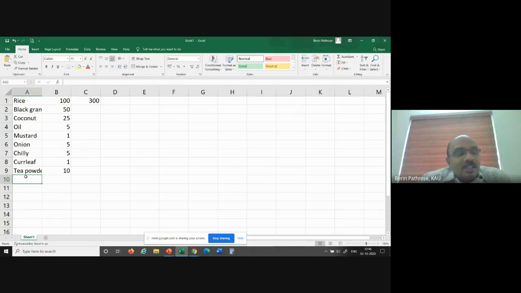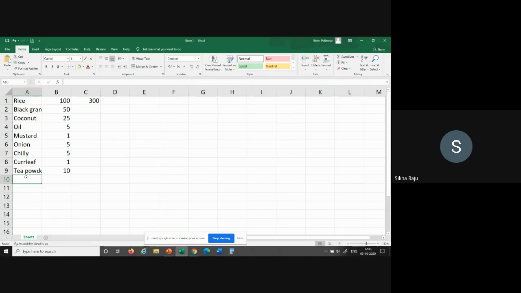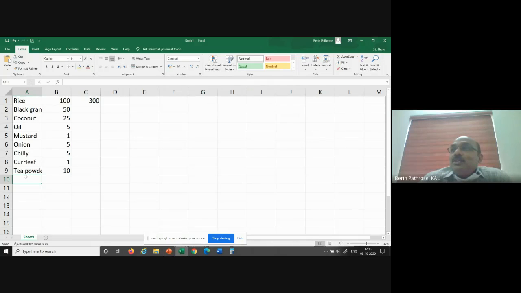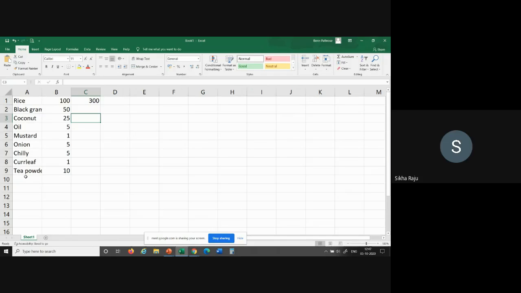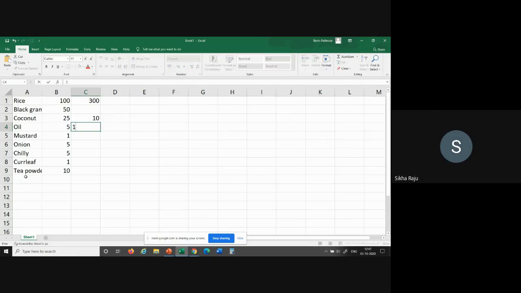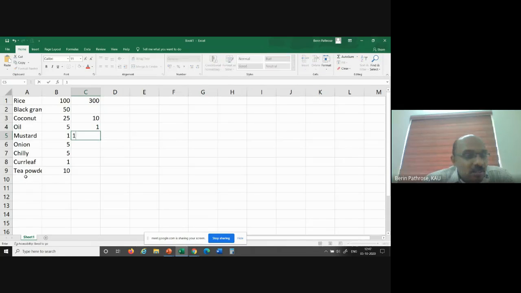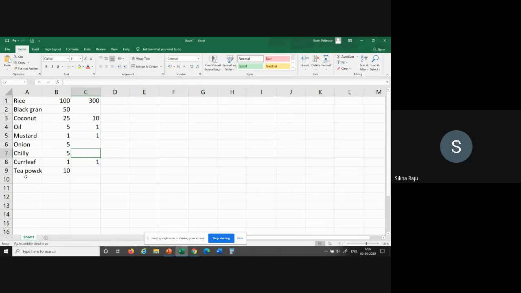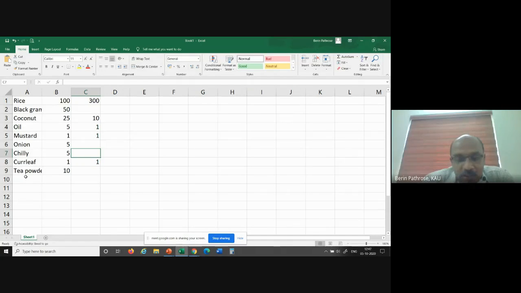What are the curries? Moru curry and another curry. Again, there will be coconut in that, I feel. What all the ingredients can you tell? Coconut you can take as 10. Then oil will be there anyway, 1. Mustard will be there again, 1. Curry leaf 1. Then chili will be there, 1.